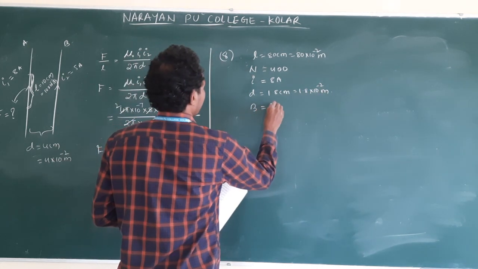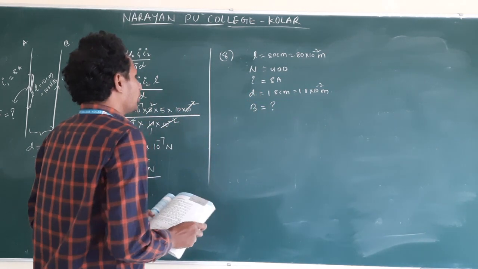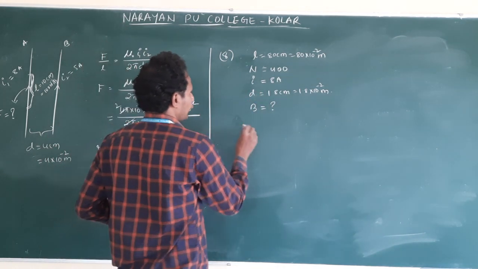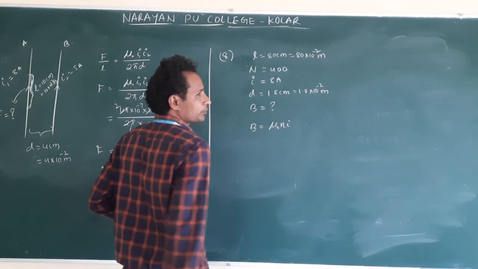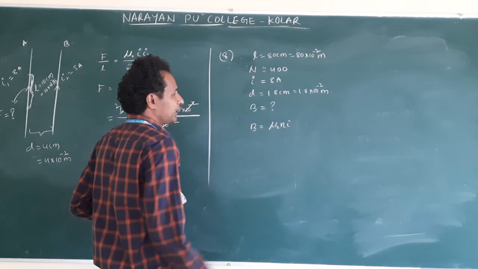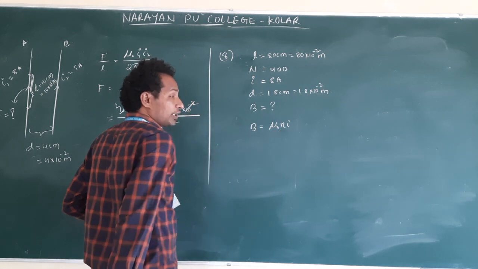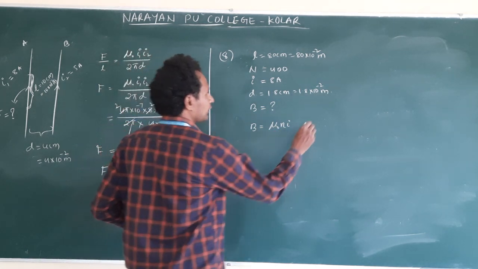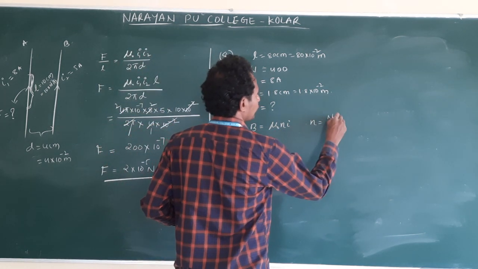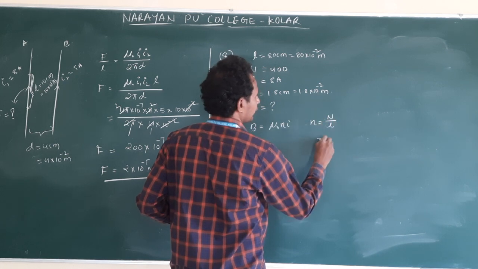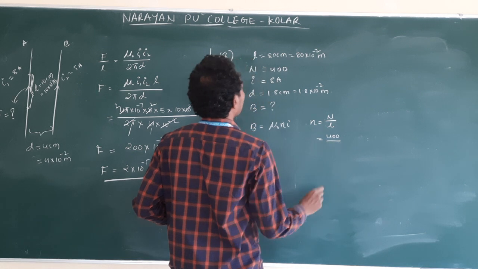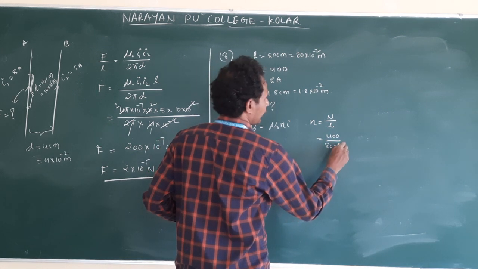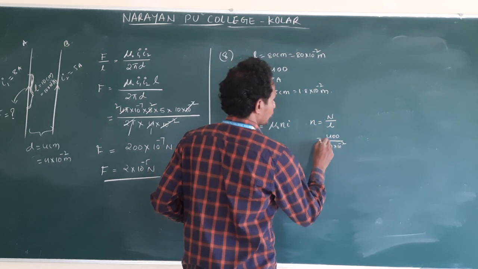B they are asking. Magnetic field due to a solenoid, the formula is B is equal to mu naught n i. Small n is called the number of turns per unit length. This small n is equal to capital N by L. Capital N is 400, L is 80 into 10 power minus 2.